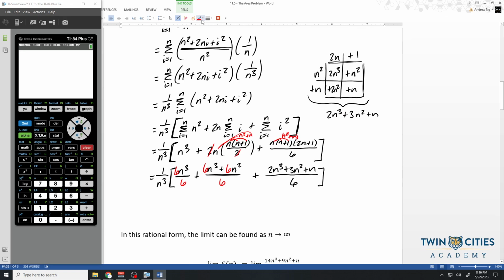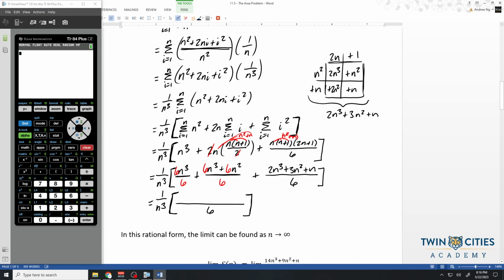All right, so now this is 1 over n to the third, big bracket. I can add all of these together and have one big fraction with a denominator of 6. So what goes on top?